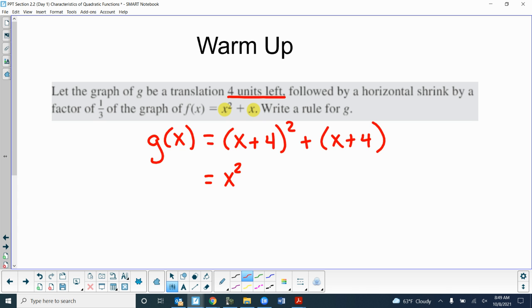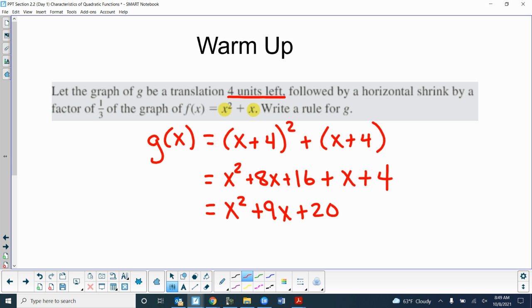So you just go X times 4, 4X doubled is 8X for the middle term, and then square the 4, which is 16. And then we got the X plus 4 still. So combine like terms, again, this is just algebra 1 stuff. 8X plus 1X is 9X, and 16 plus 4 is 20. So that's the first translation, or transformation, I guess.